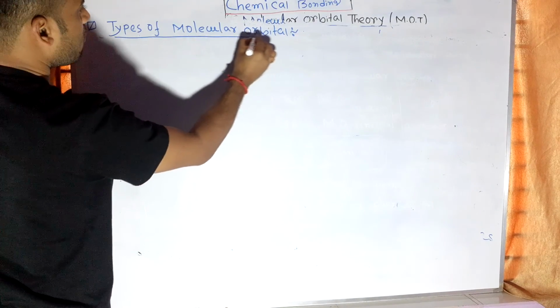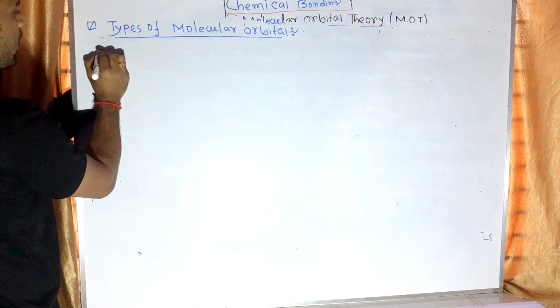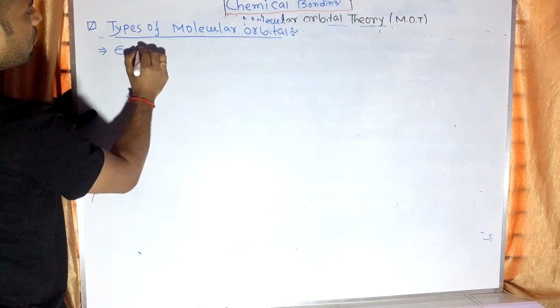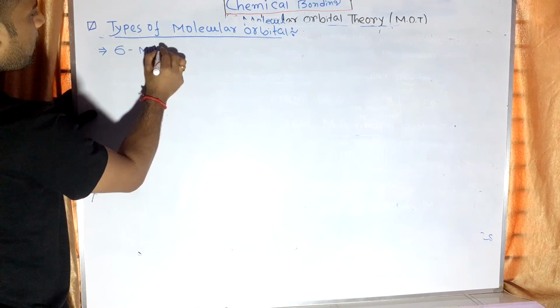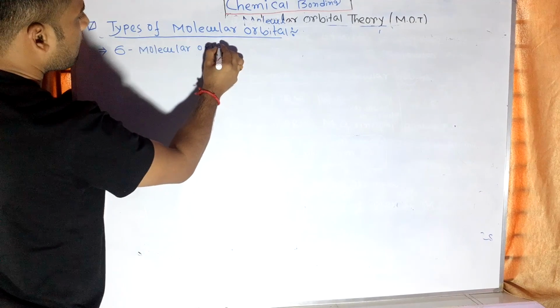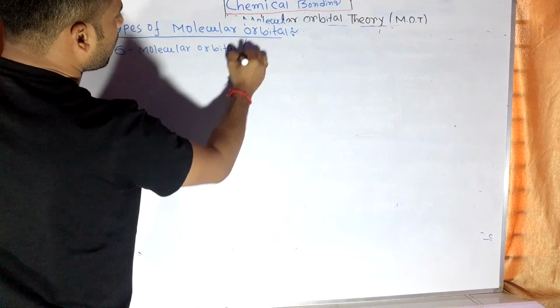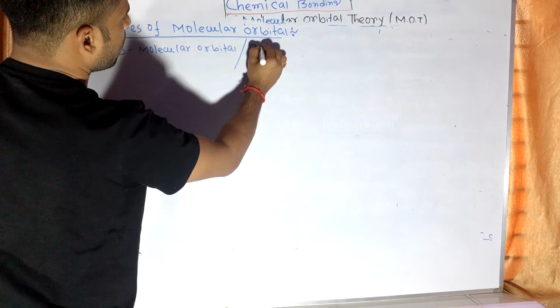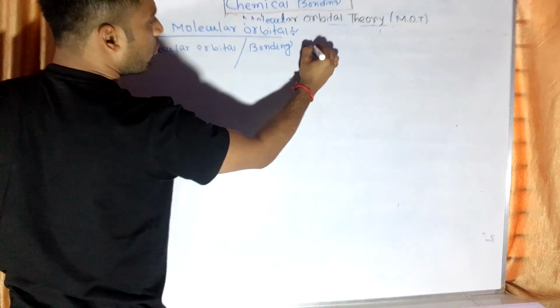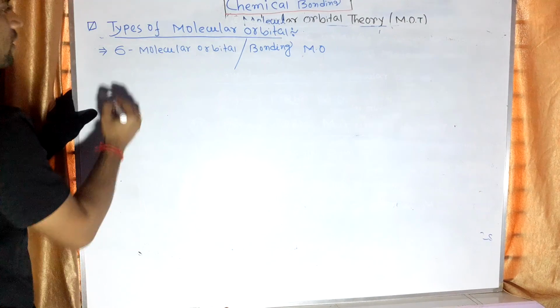There are 4 types of molecular orbital. Number 1, sigma molecular orbital, or bonding molecular orbital, or bonding MO.